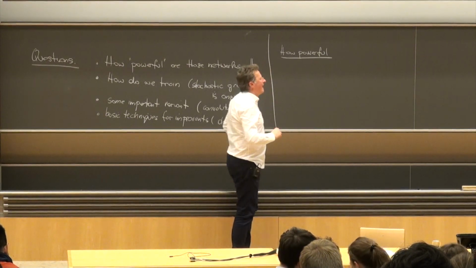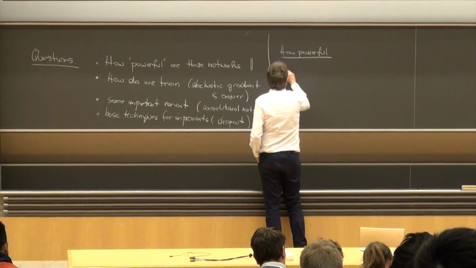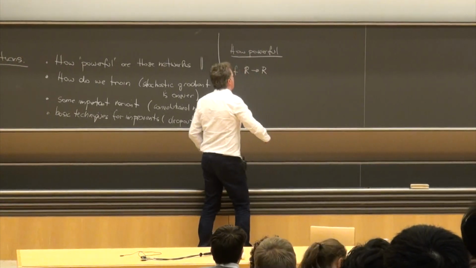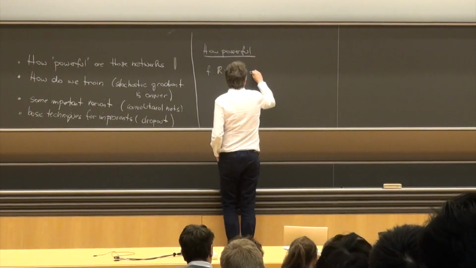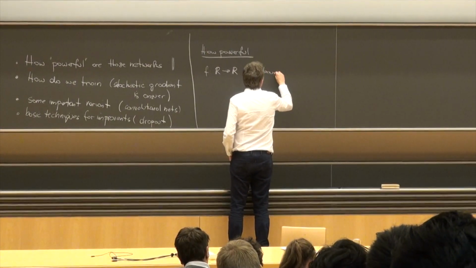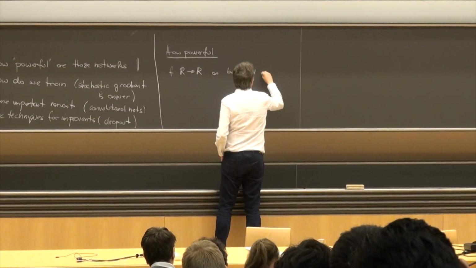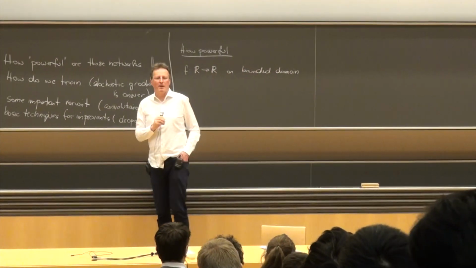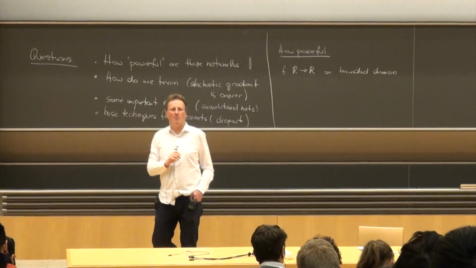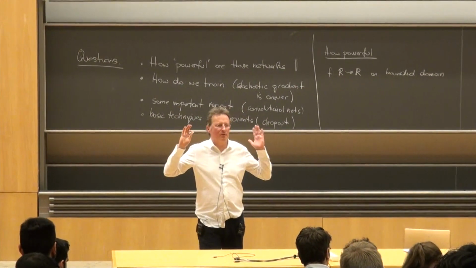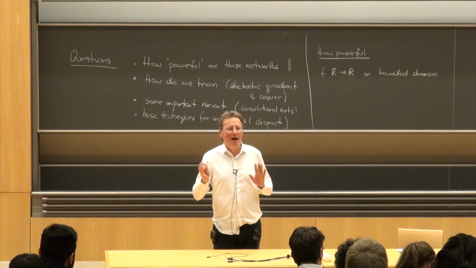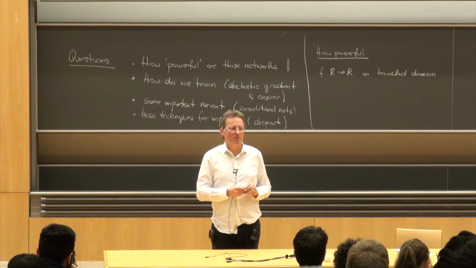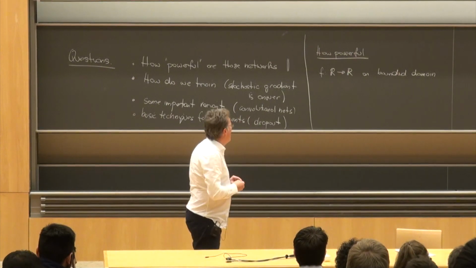Let's first think of the case where we're simply thinking of a function from R to R, on a bounded domain. My input is just some real number, let's say from 0 to 1, and my output is also a real number. Then we'll slowly see how we can build things up.